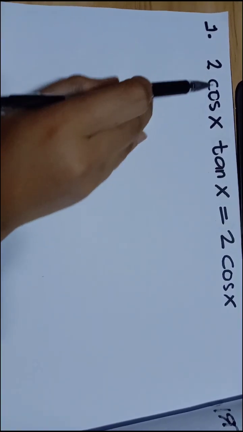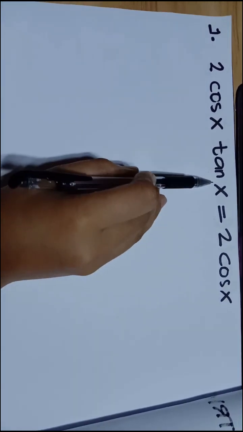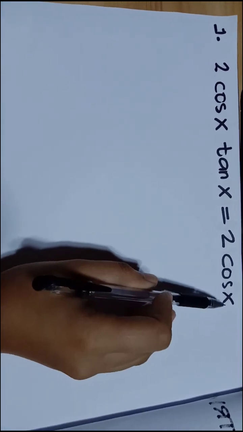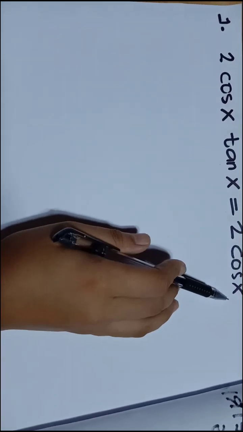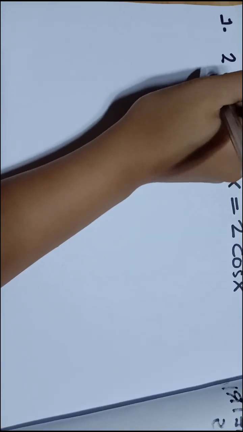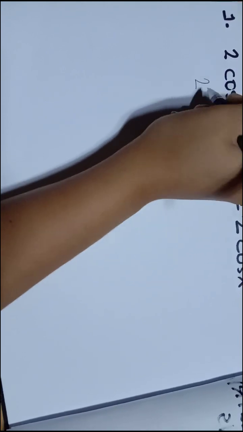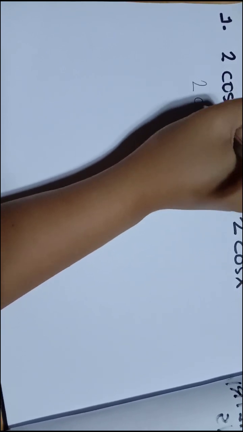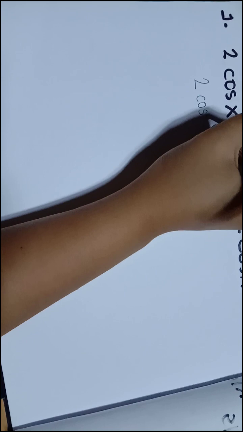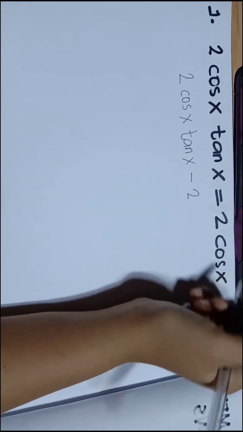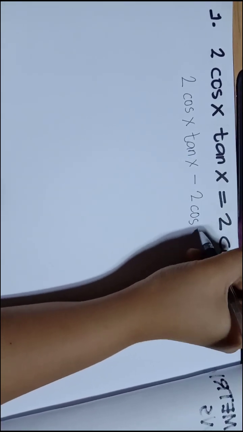Example number 1. 2 cosecant x tangent x equals 2 cosecant x. First step is to transpose 2 cosecant x to the left side. So, 2 cosecant x tangent x minus 2 cosecant x equals 0.